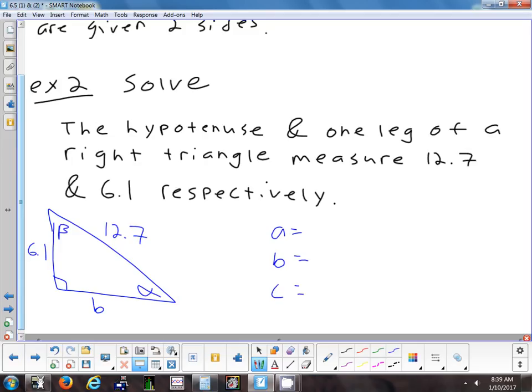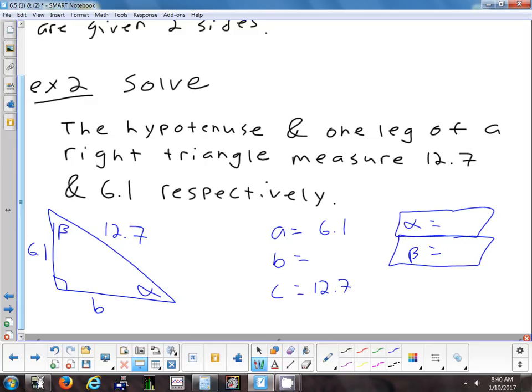Because you can use two of the sides. Yeah, they gave me 2 of the sides. So everything I'm going to plug into the theorem is given. Okay, that's okay. We don't know alpha, and we don't know beta. So the thing you can't do is just add up one of the angles or subtract one of the angles from 90 this time, because you're missing both.